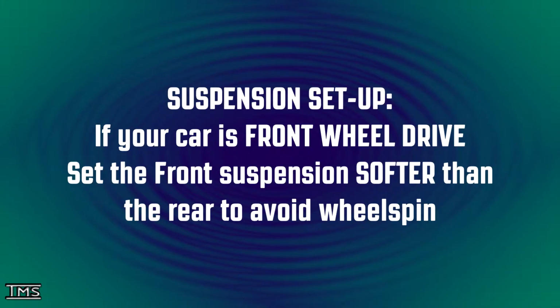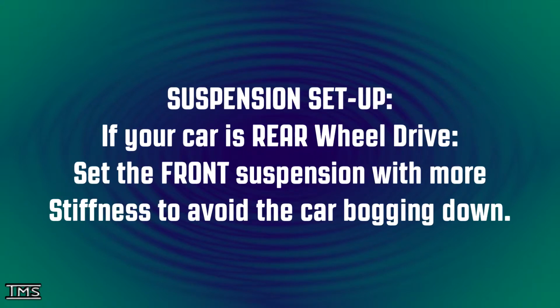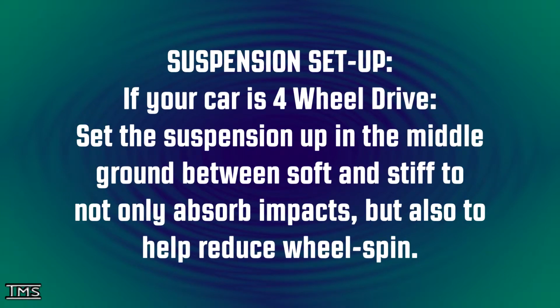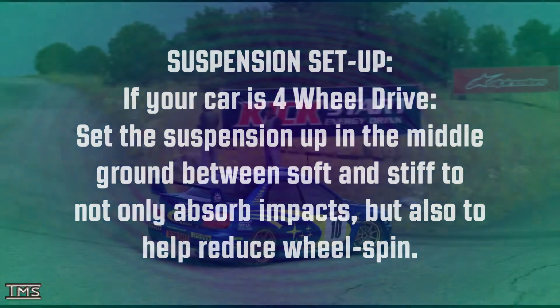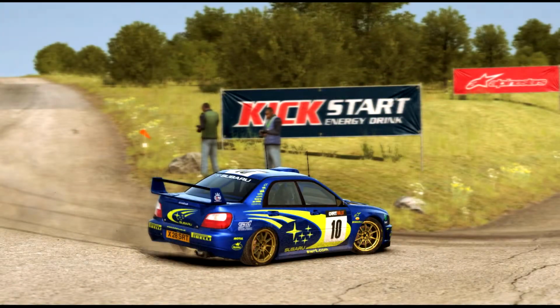For example, if you're in a vehicle that has front wheel drive, you want a softer front end because you really want to avoid tyre spin, whereas with rear wheel drive you want to set the suspension with a stiff front end as you're looking for the weight to transfer only enough to cause the tyres to dig when turning, not spinning. For four-wheel drive vehicles, it's important to balance the suspension setup between the two, as too much travel and spring stiffness at one particular end of the car can still cause the effect of under or oversteer if you set it up inconsistently.